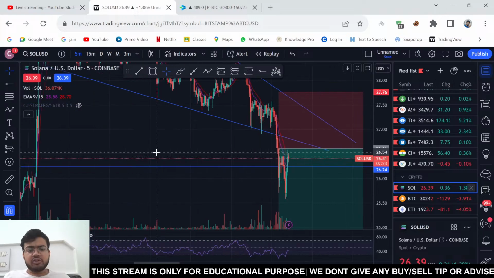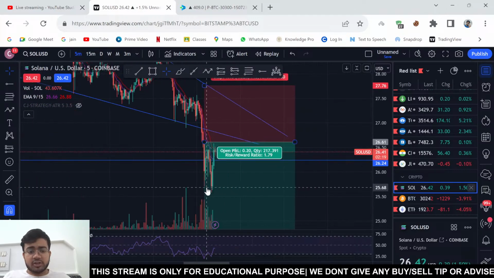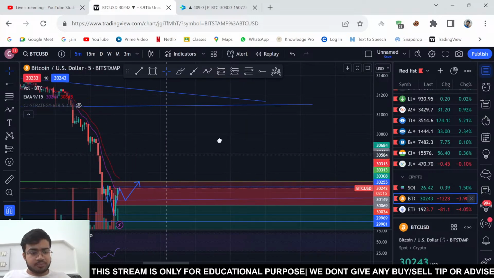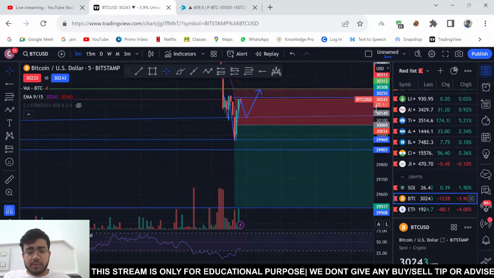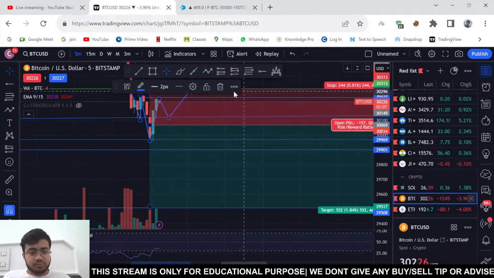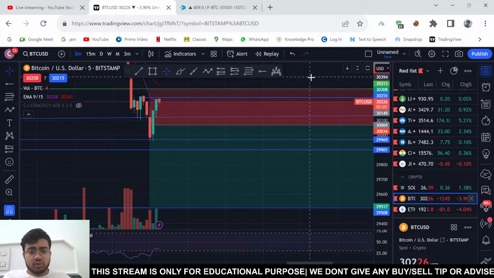Just wait for the retest because this may be a very well planned SL hunt. In Bitcoin right now, it's looking risky. Looking risky. So let's just wait and watch what happens.